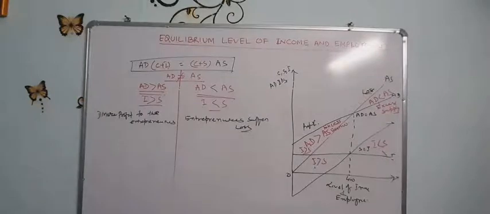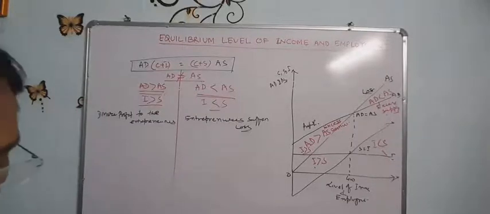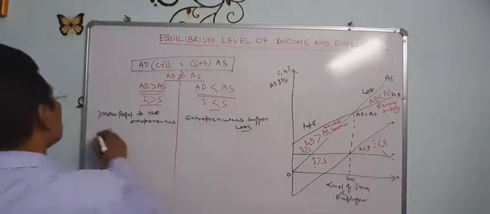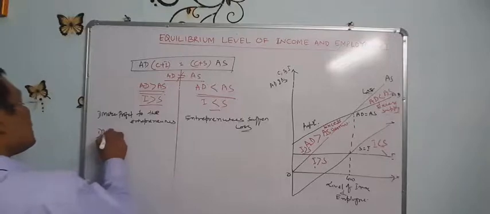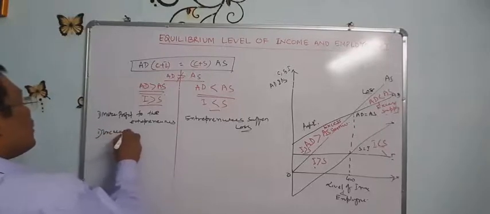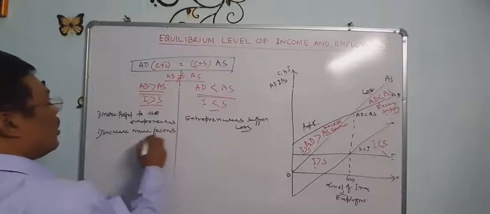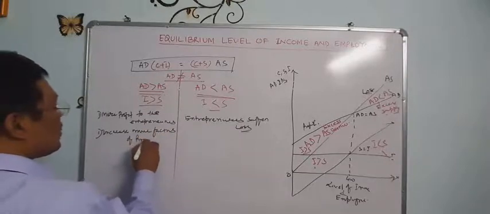Similarly, when AD is more than AS, the employer will increase the employment of more factors of production.